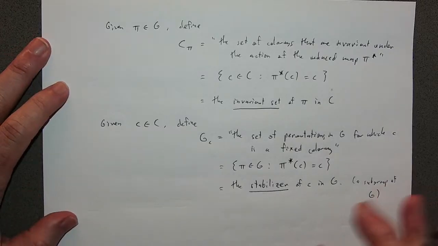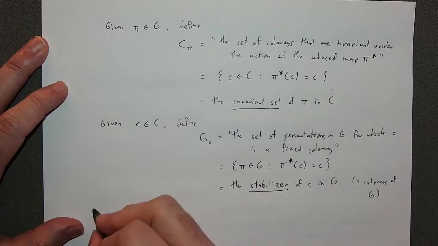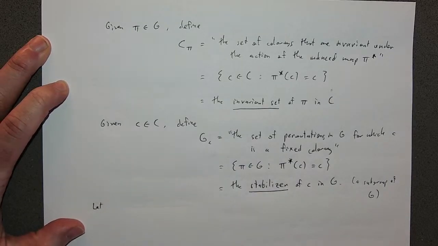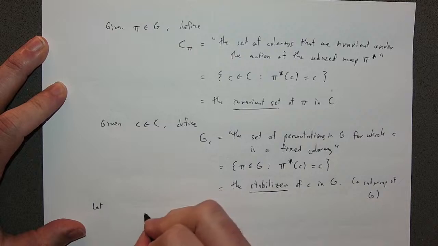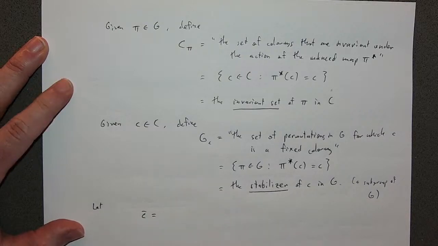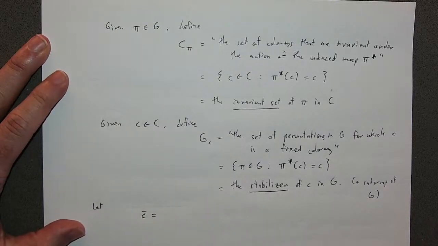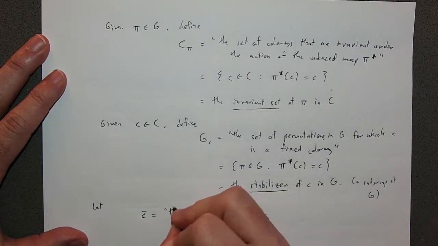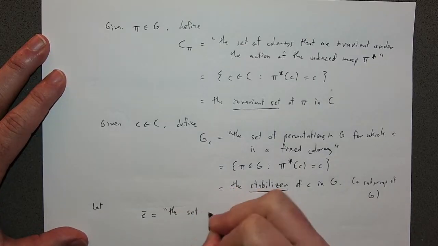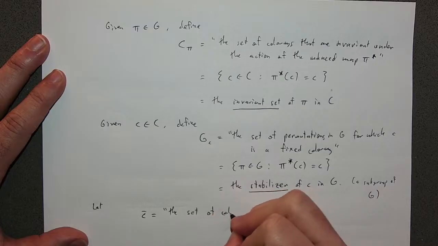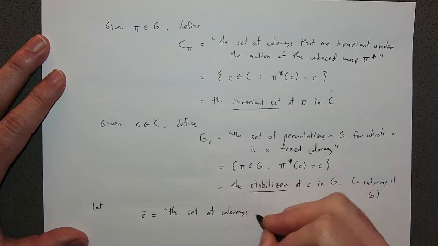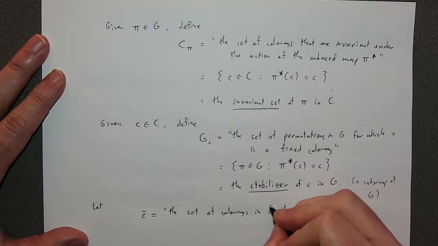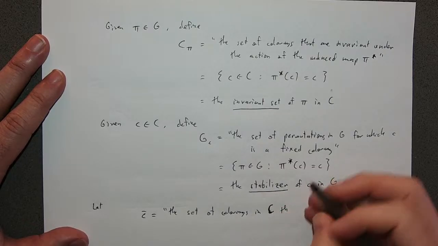And lastly, let C bar be the set of colorings in C, or sorry, in big C. I wrote little c there.